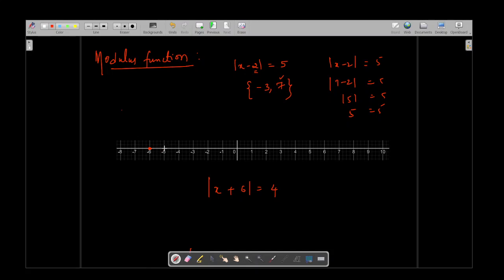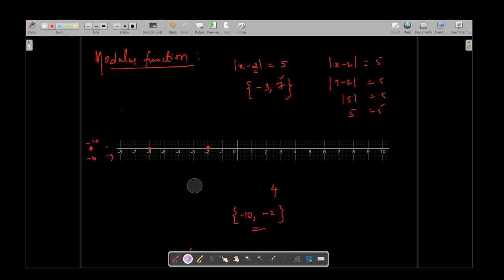Which is 1, 2, 3, 4, minus 2, and 1, 2, 3, 4, which is minus 10. So this is minus 10 and minus 2. So minus 10 plus 6 is minus 4. Modulus of minus 4 is plus 4. Minus 2 plus 6 is plus 4. Modulus of plus 4 is plus 4.